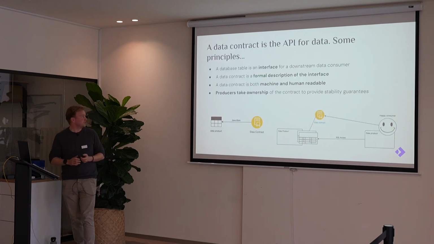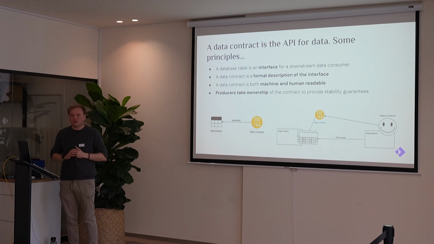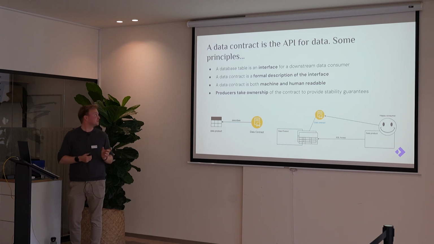So what is a data contract? Some principles. First of all, a table, that's what we as data engineers produce, we produce tables. That is an interface. People, teams, they plug into tables, they consume tables, so that is an interface. So a table we should also treat as an interface.